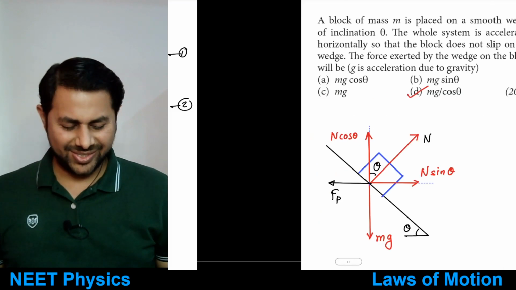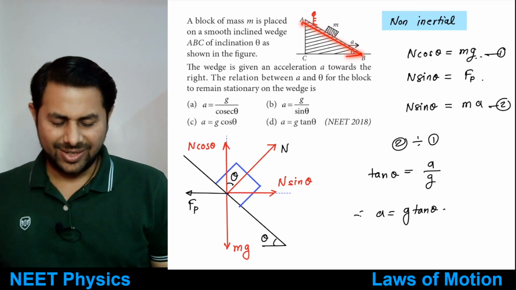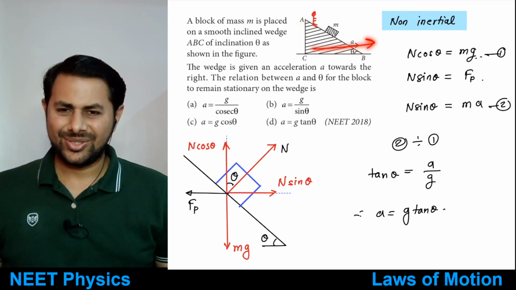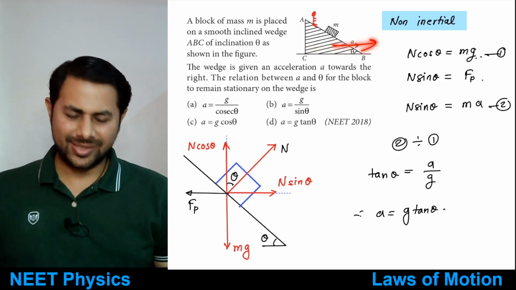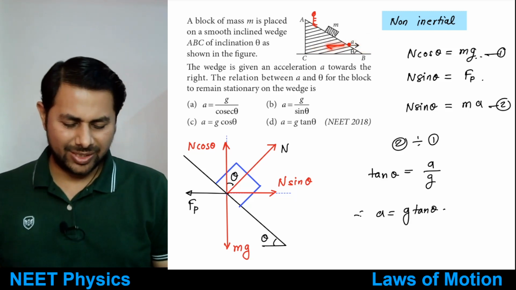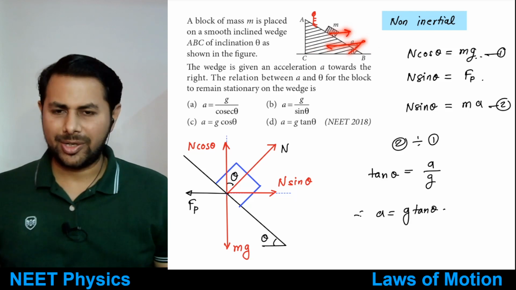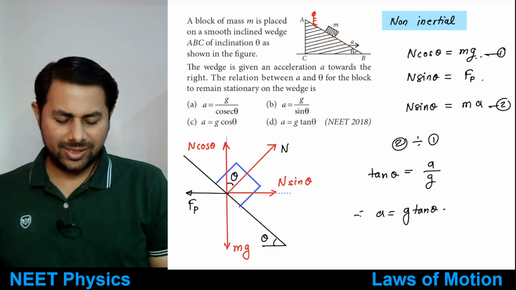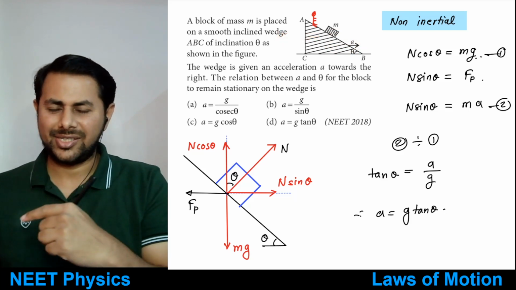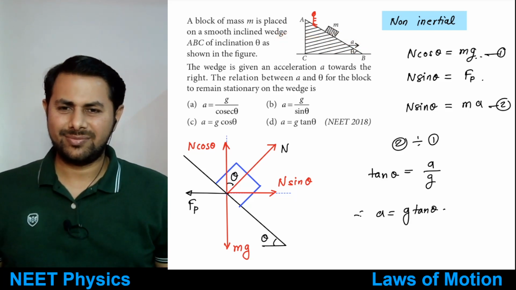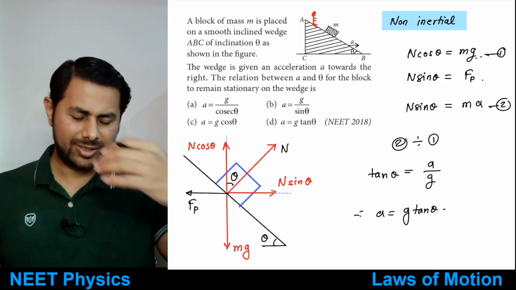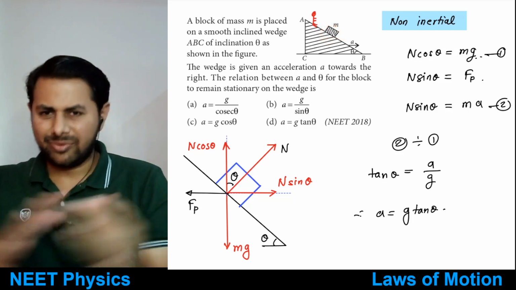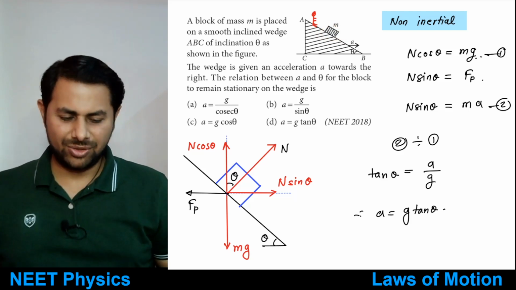So in this case, you can see the inclination of the plane was like this. When you give some acceleration towards right, then it reduces the normal reaction. Imagine if you provide the acceleration in the opposite direction, what will happen? It was already slipping. The mass was going to slip and you're taking the wedge away. So it will slip faster.